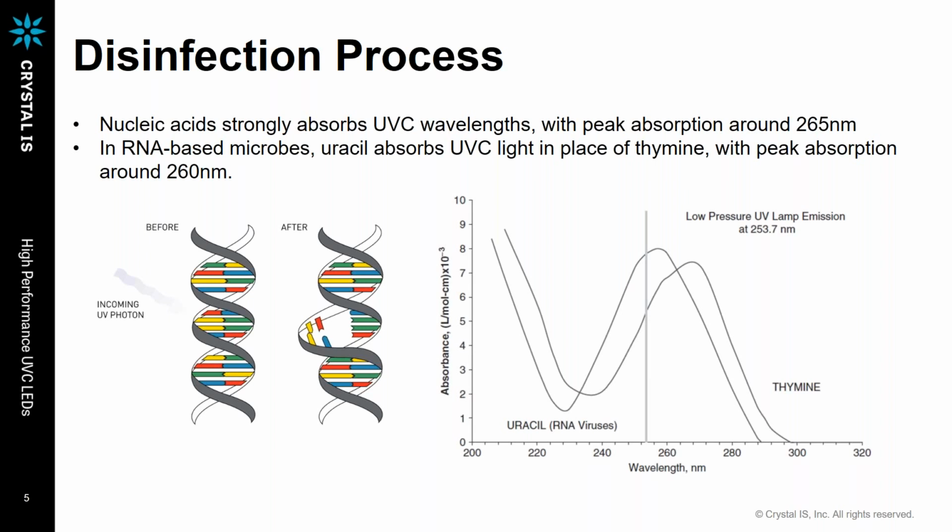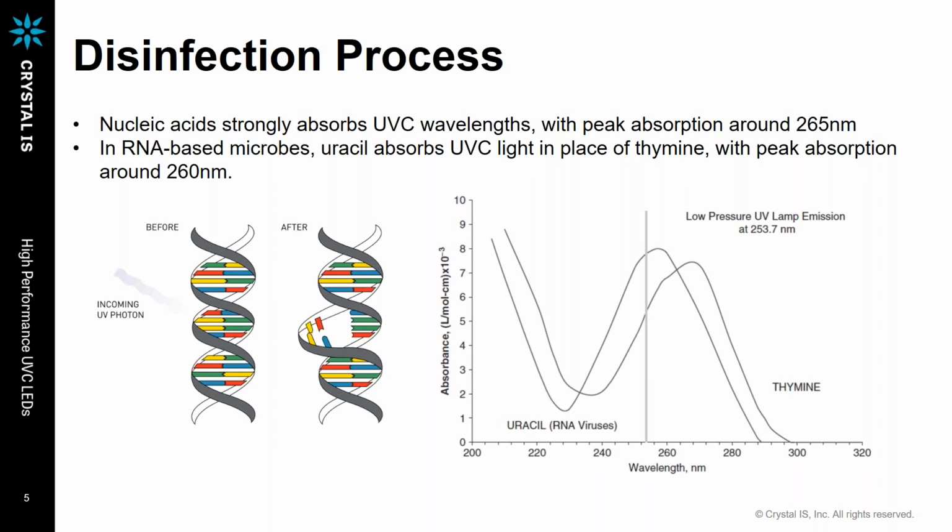When the photon generated from the UVC light hits this DNA, it will break the bond and form the thymine double bond, which you can see on the right-hand side. Forming this double bond prevents the DNA from multiplying. So we are not really just killing the microbe, but we are stopping it from further growth. That is the process used for UVC LEDs.